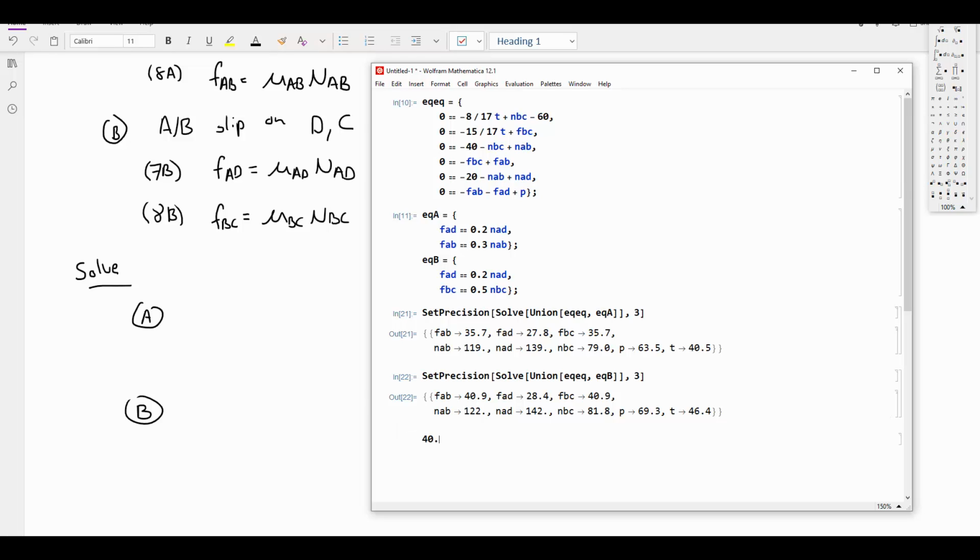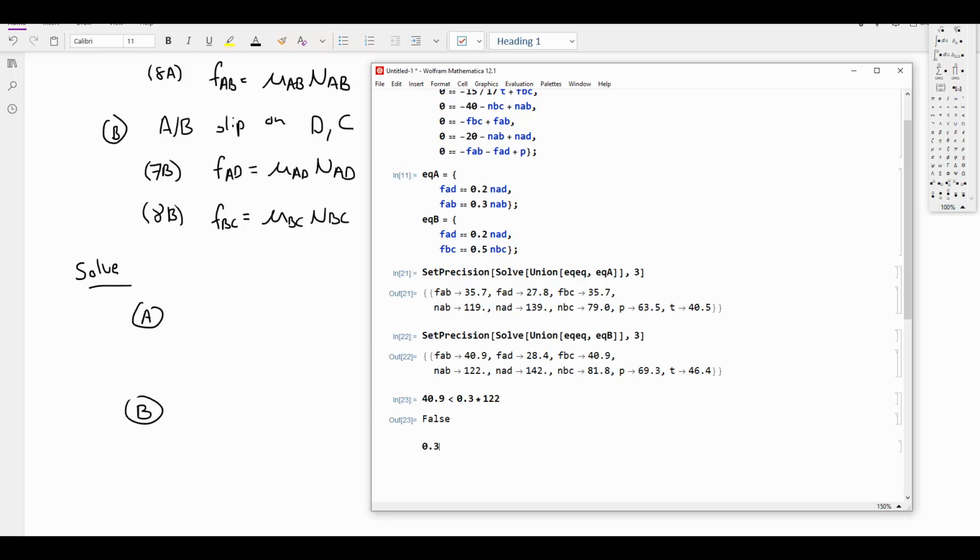So we want to check here, is that above or below the maximum allowable? So 40.9, is that less than mu AB, which was 0.3, times NAB? In this scenario, that normal force came out to 122. And we come out with false.